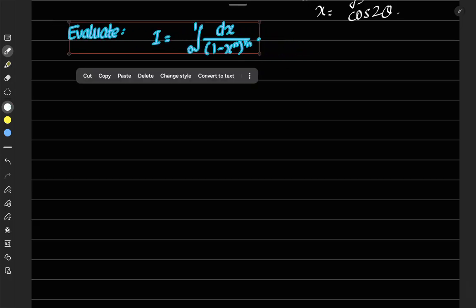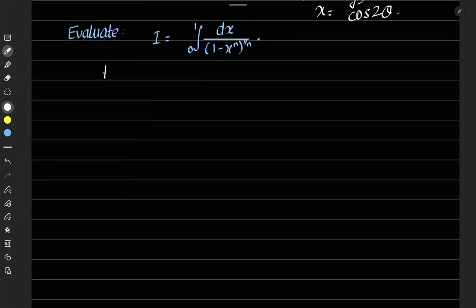So again, rewrite the question, this one, and we will write down the substitutions. We are substituting x to the power n as sine square theta, which implies x is sine to the power 2/n theta.